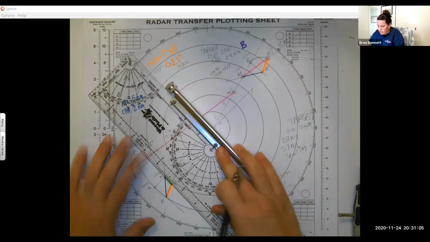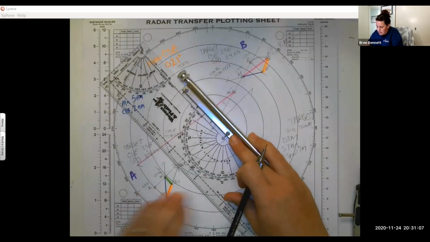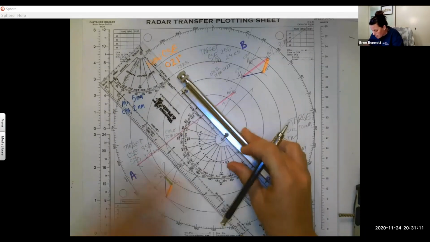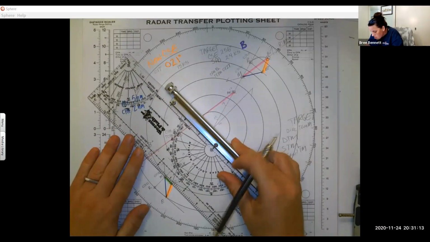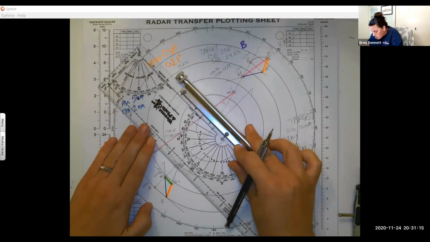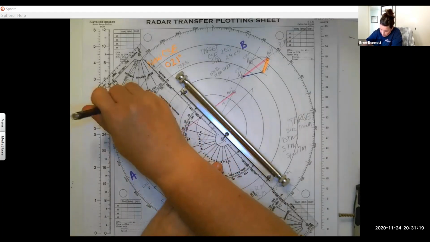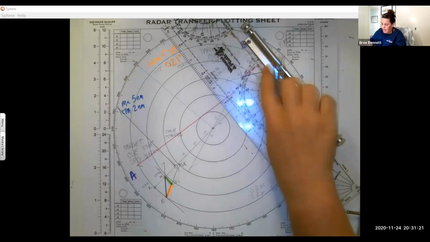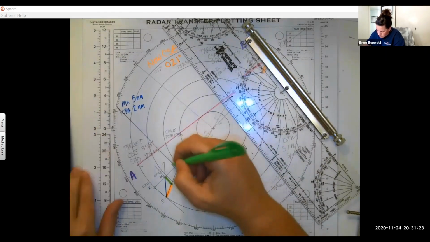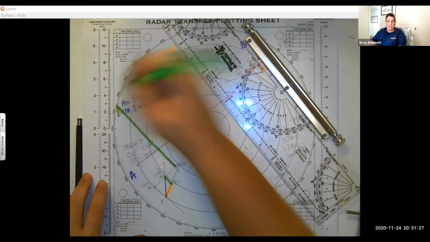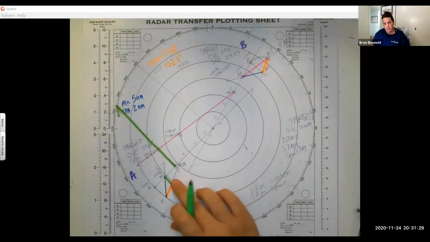R to M line, bring it back to the MX. Look, I jiggled. So that is my relative motion line for this guy.